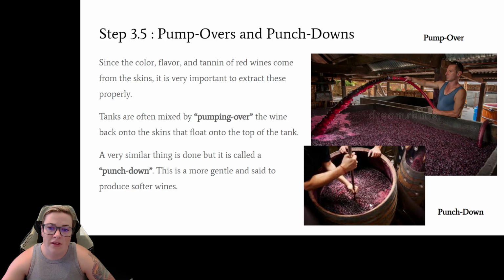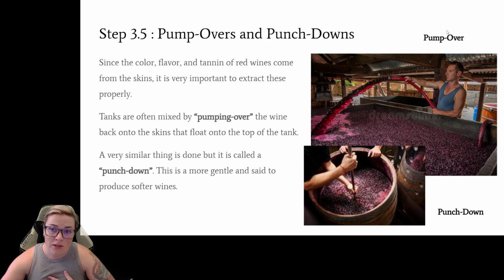A very similar thing is done called a punch down. So this is when we use a tool that has like a paddle at the end, and we just physically push the skins down through the cap, wet them, and reintroduce them. There's no pump needed. This can be done for large tanks as well as small vessels for fermentation. If you were to do it for a large tank, they would secure like a walking plank very safely that you would walk across and then punch down from there.